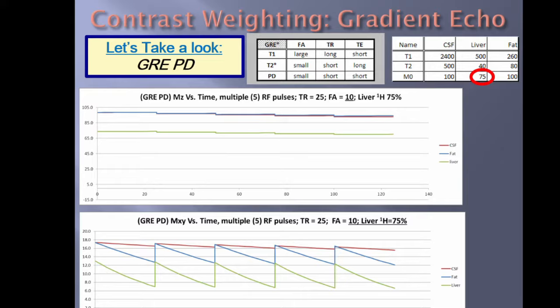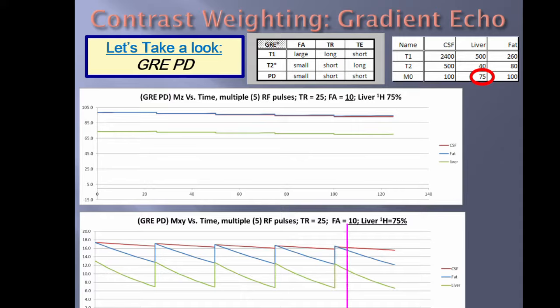These flip angles are so small that you're barely decrementing the overall longitudinal magnetization. So this is where you can see that the T1 effects aren't really going to matter. You can see this proton density effect coming through very nicely, because the green, the liver, is 75.